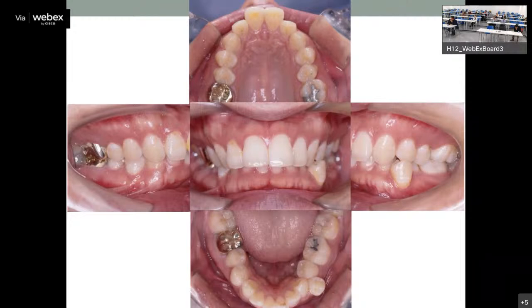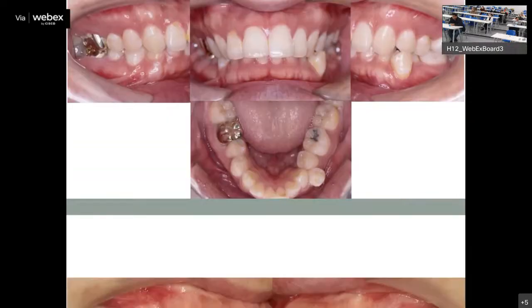On the other side, the molar relationship is full unit class 2. You will take one single unit from here, but nothing will be taken from the lower arch. Again, we can't allow the upper molar to move forward. We need to keep the full unit class 2 molar relationship. So this case is described as a high anchorage demanding case.